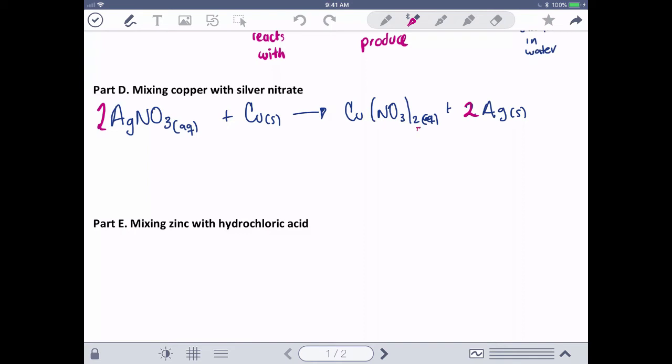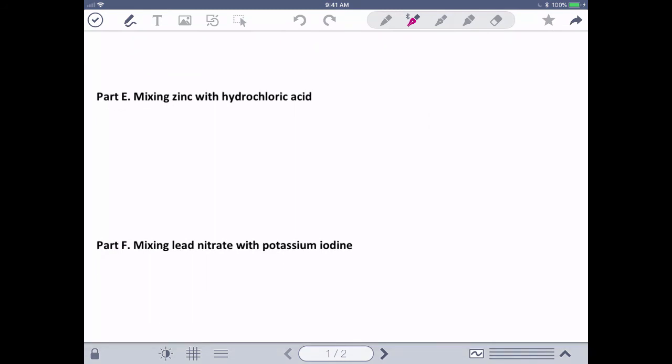Cool. So now let's move to mixing zinc and hydrochloric acid. Hydrochloric acid is in an aqueous state. That's why it was in a liquid form when you used it in the lab. So we have HCl aqueous plus the zinc, and the zinc was a metal.